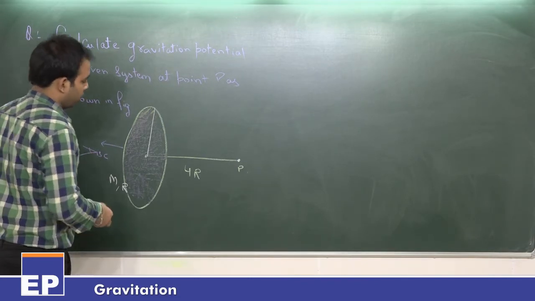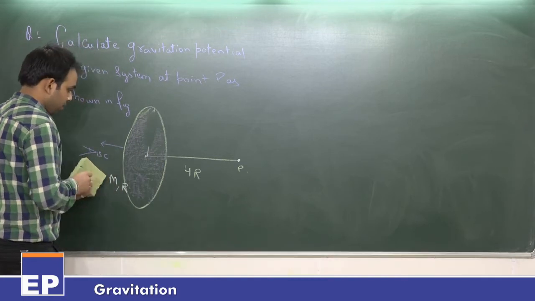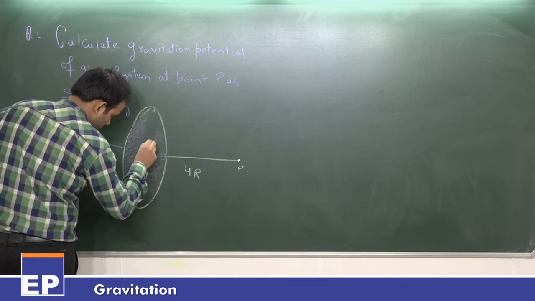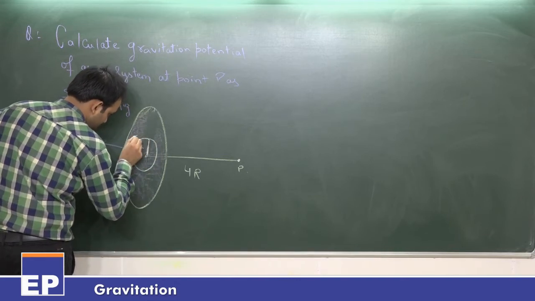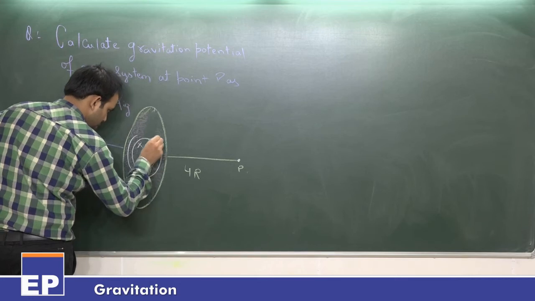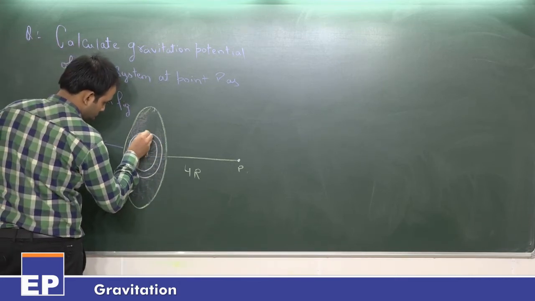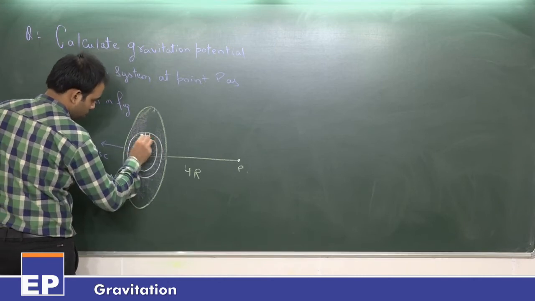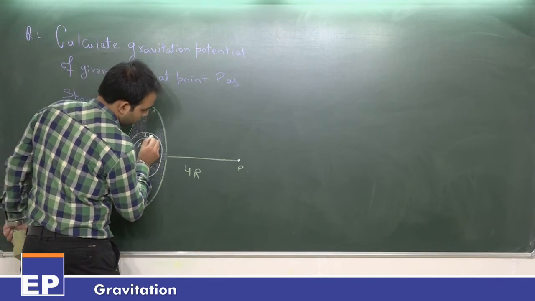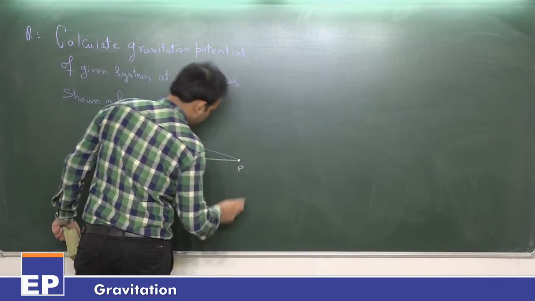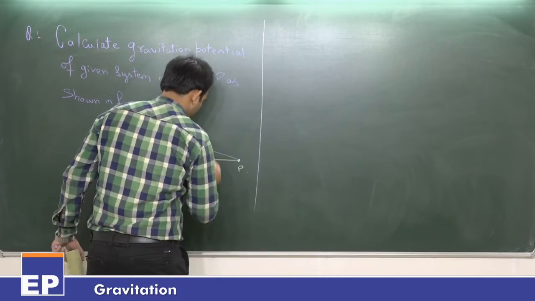See, what is the way to do this? First of all, you just cut at a distance x a ring of thickness dx. If we take this dx, its distance from the point P is the same for the whole ring.